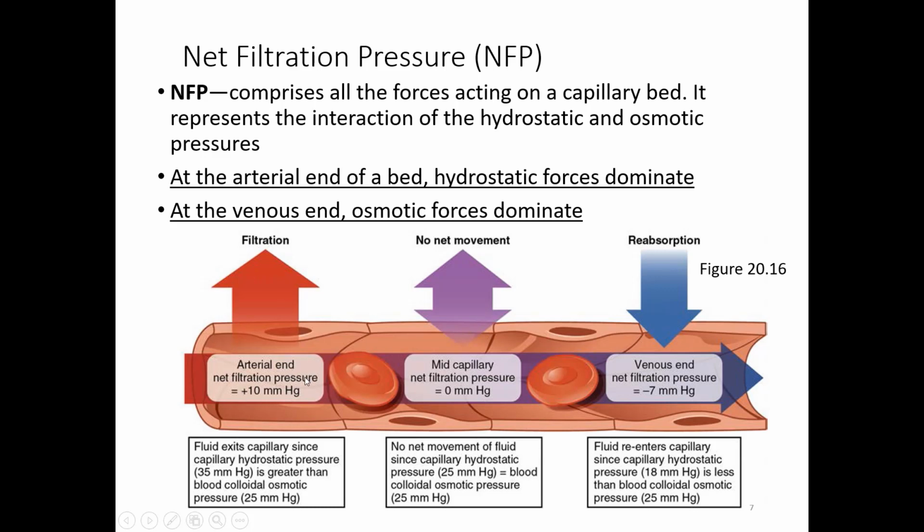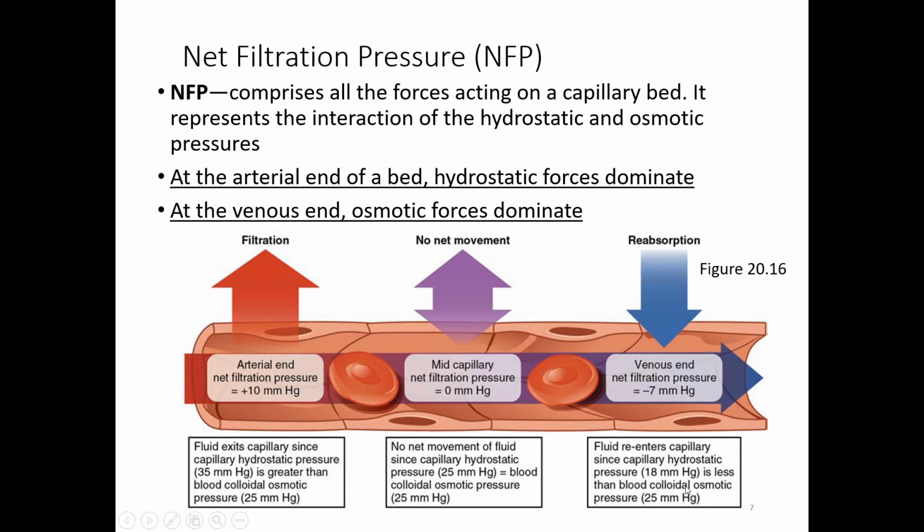Hydrostatic pressure, or your blood pressure, trying to push water out of the capillaries will be 35 millimeters of mercury, while protein pressure, colloid osmotic pressure created by proteins, will be just 25 millimeters of mercury. So the difference, net filtration pressure at the arterial end, will be 10 millimeters of mercury, and water is going out.